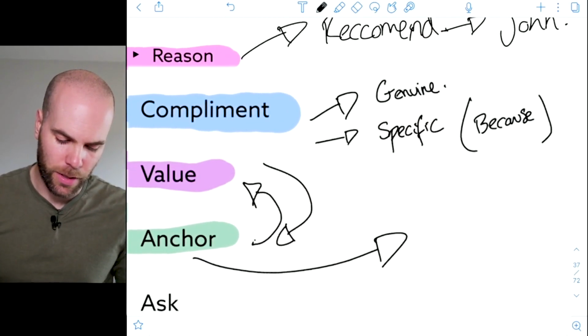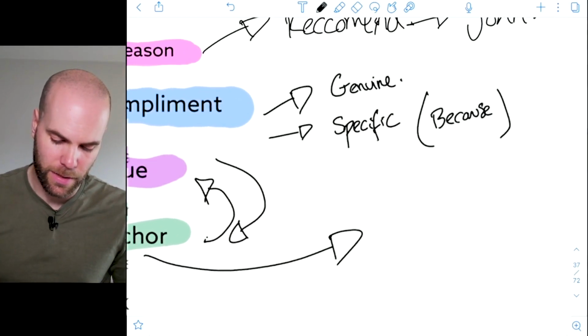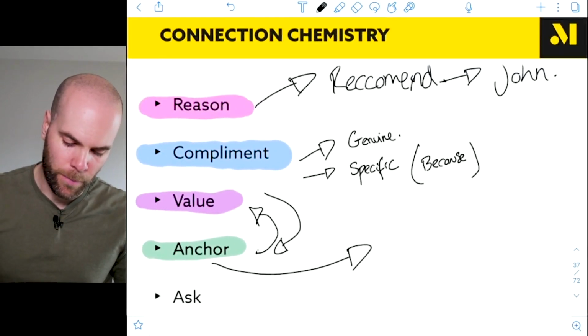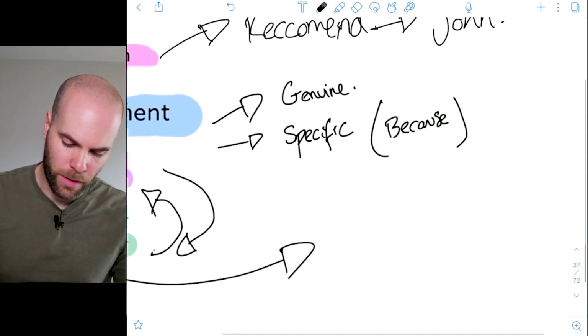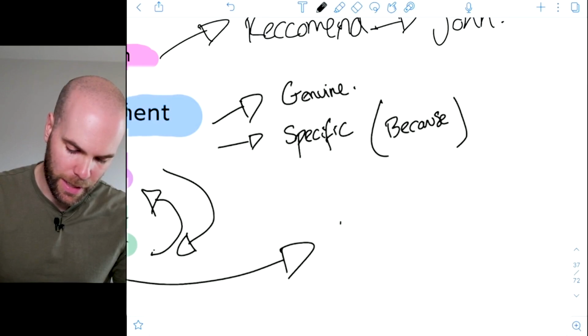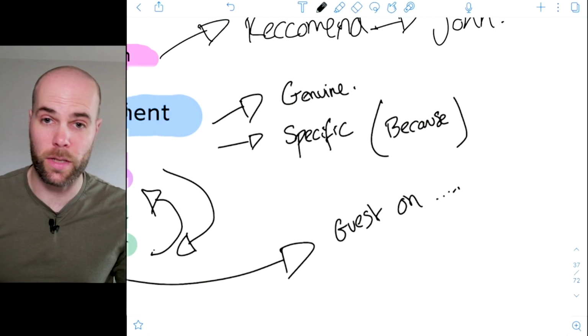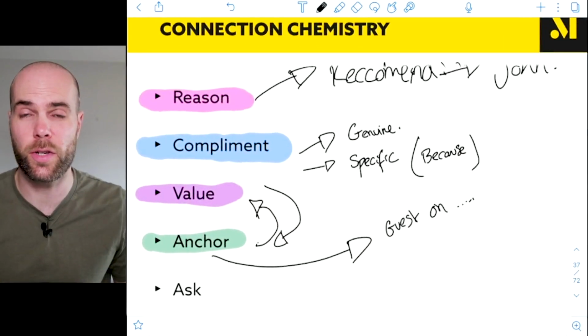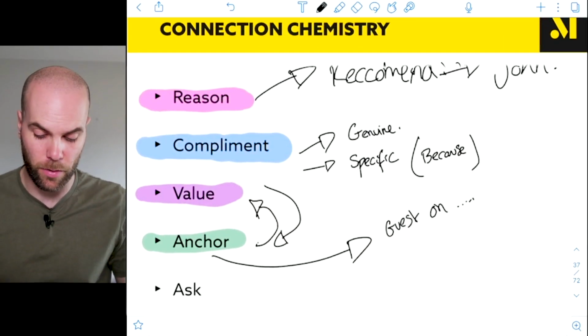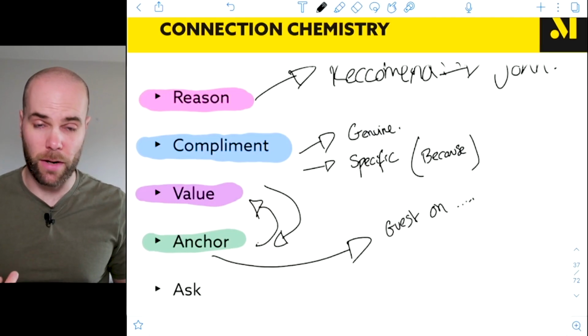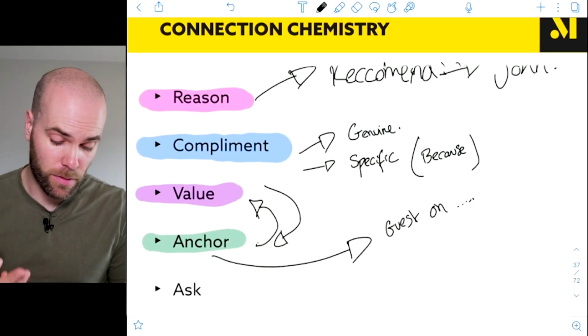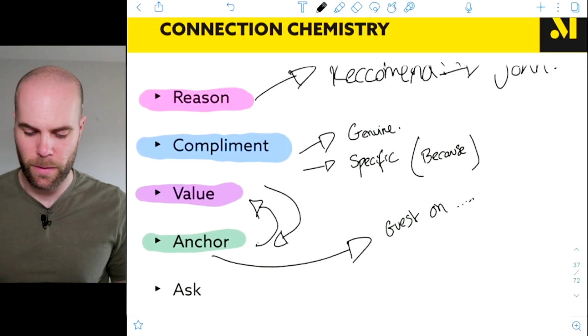So an example of an anchor in this case might be something like, I was a guest on so-and-so's podcast, maybe that we know that they've listened to, or the person that they've heard of, right? So, hey, I'm reaching out because I was listening to your podcast, episode so-and-so really spoke to me.